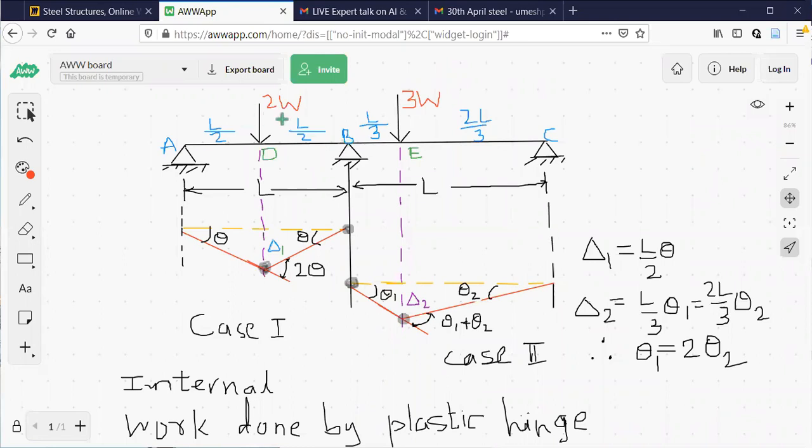Here I have shown W only, but finally I will introduce WC, because once the collapse load formula is developed, we can directly write it as WC. As I told you, this is a 2 span beam, so only case 1 and case 2 will be there. If it is 3 span, case 3 will be there. But ultimately, whichever is smallest will become the collapse load for the structure.